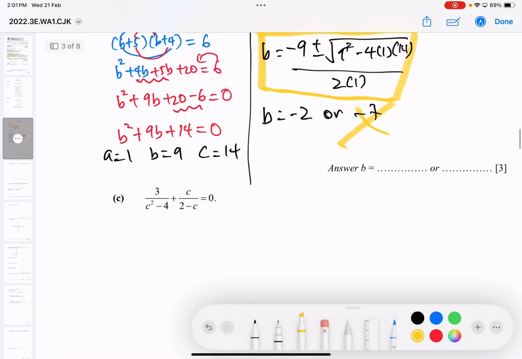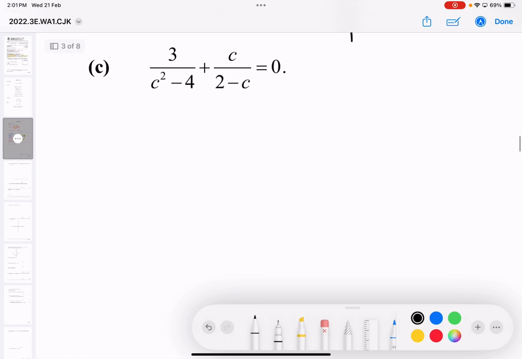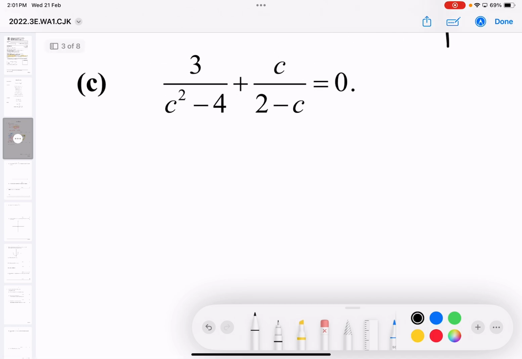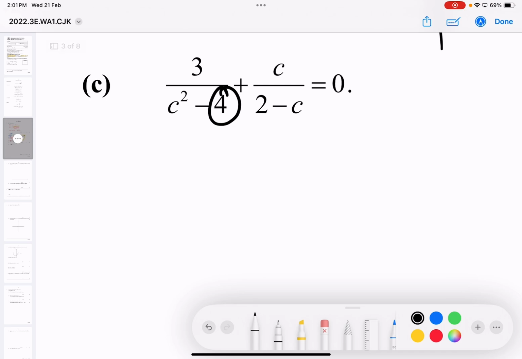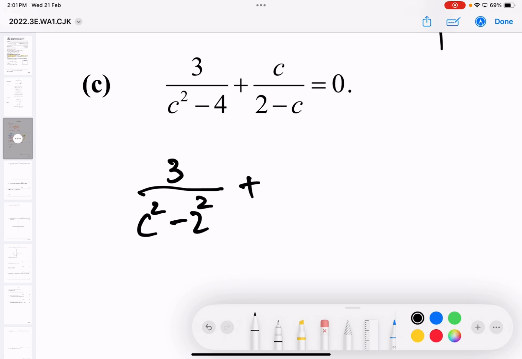Okay? Next one, part C, this is a trick question. Whenever you see like this as a perfect square, what do you need to do? You know this is of the form C square minus 2 square. 3 over C square minus 2 square minus C over 2 minus C equals 0. You want to combine these two fractions into one. Okay, why?